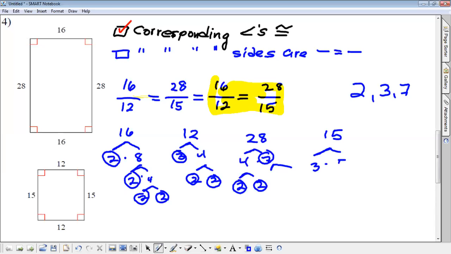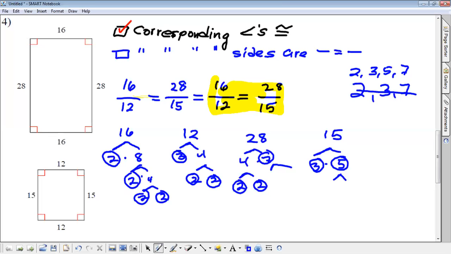And 3 is prime, we know that already. Factor of 5, can I use 1 or 5? No, cannot be factored, that is prime. So what you should know already is 2 is prime, 3 is prime, 5 is prime, and 7 is prime.